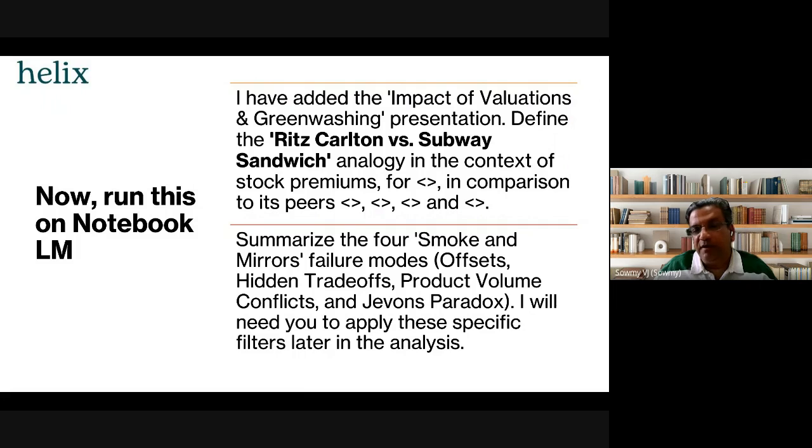So you took this, loaded it in, and asked NotebookLM to do this in terms of stock premiums. And you will see, okay, there's a 5% premium there. There's a 10% premium there. There's maybe a 20% premium over there, right? You'll be shocked at how much of an unjustified premium many of these companies have.